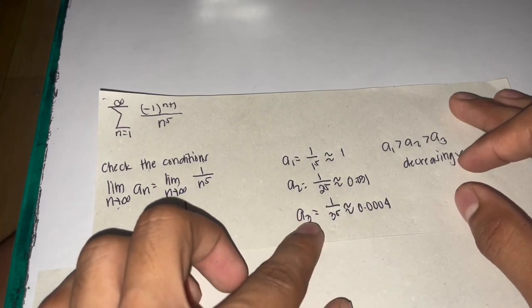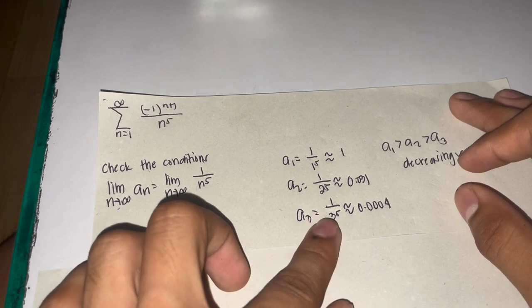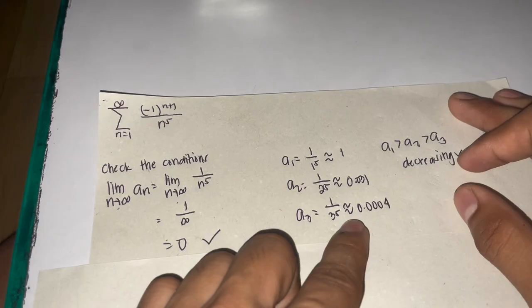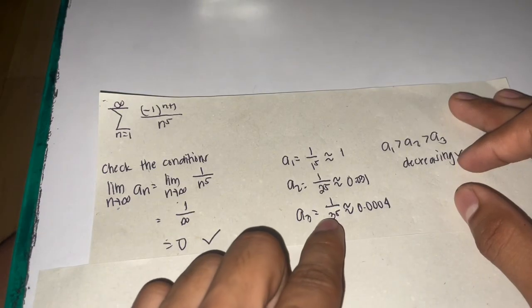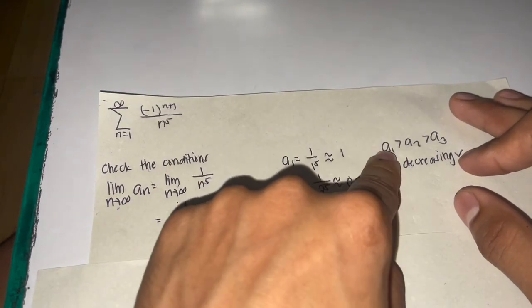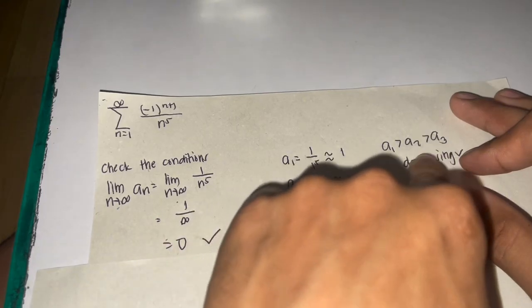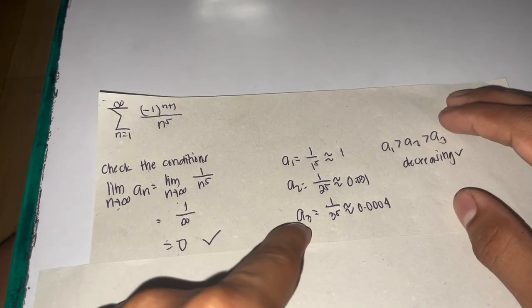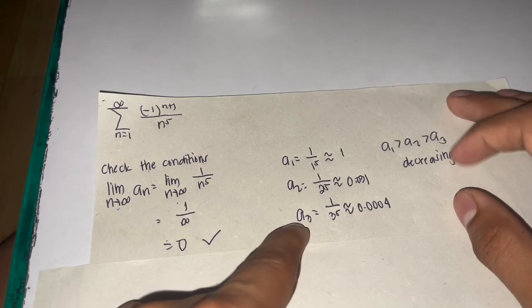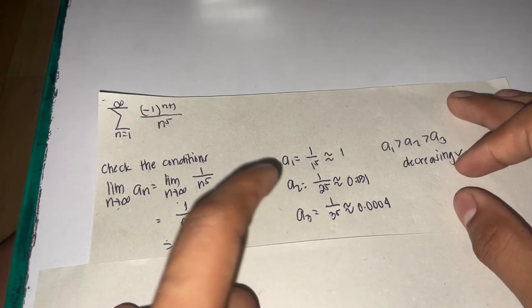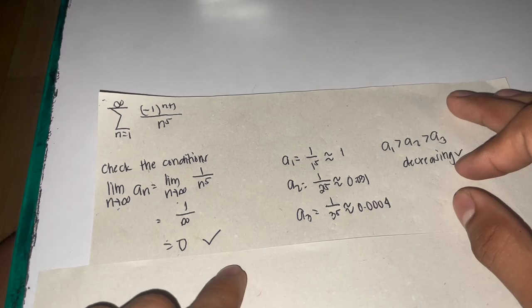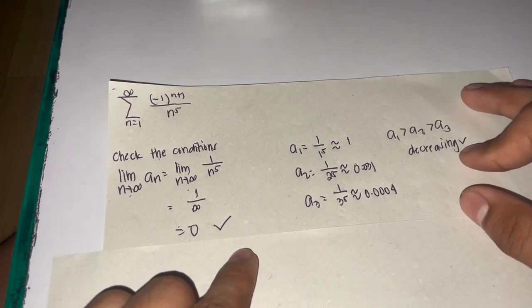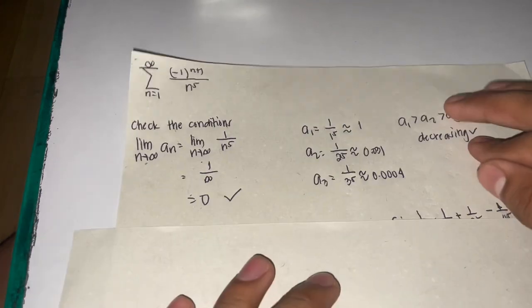And a sub 3, 1 over 3 raised to 5, is approximately 0.001. From that, a sub 1 is greater than a sub 2, and a sub 2 is greater than a sub 3, which is decreasing. Therefore, it is convergent, and we can find the approximate sum of this series.